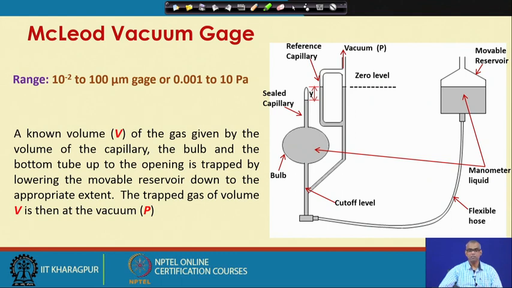The McLeod vacuum gauge is essentially a modified manometer. So, look at the construction of the McLeod gauge. This consists of a tube which is sealed at this end.